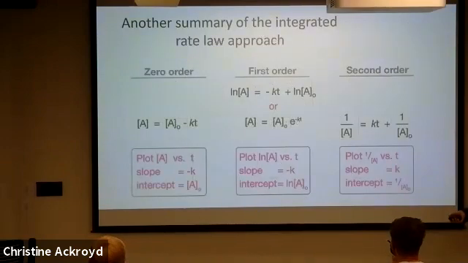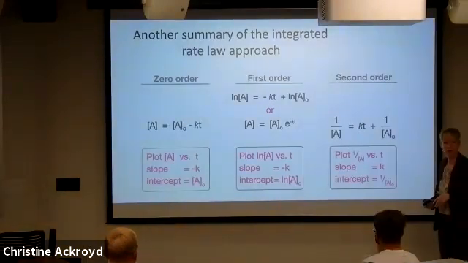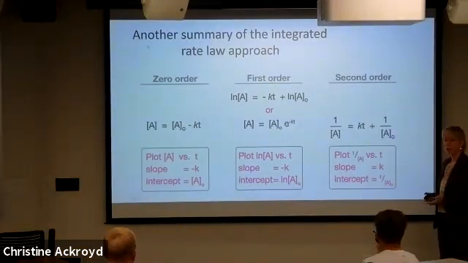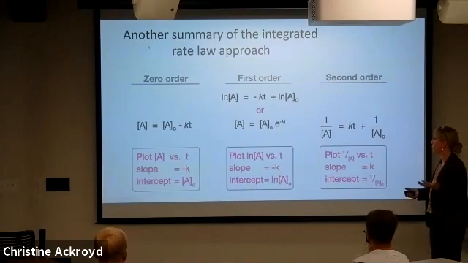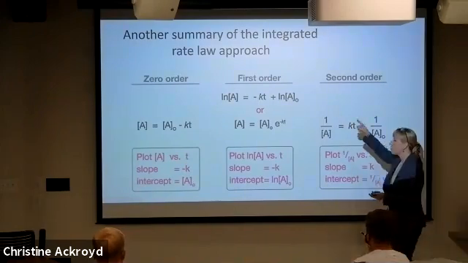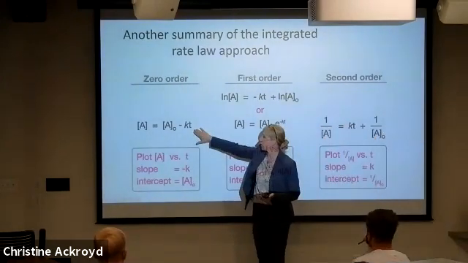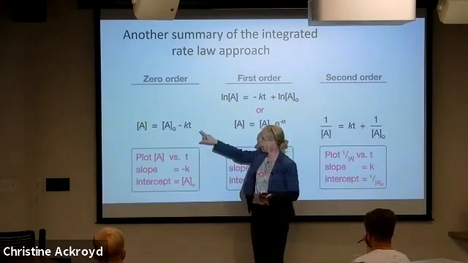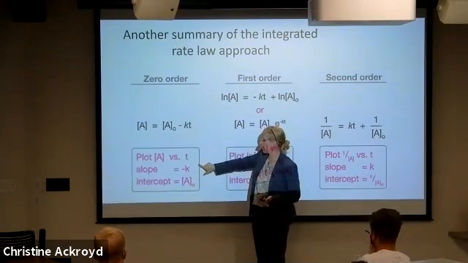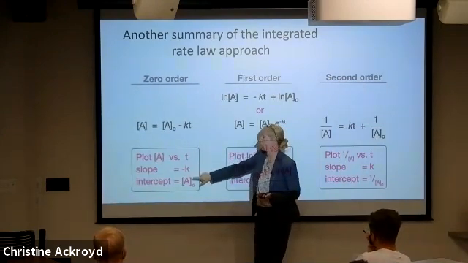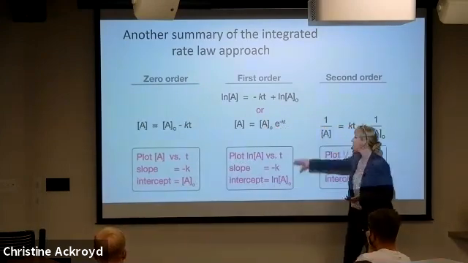Okay, so this plot is a summary of what you do to figure out whether something is 0th order or 1st order. So if it's 0th order, here's your 0th order integrated rate equation, which means you plot concentration versus time, you get a straight line. You can analyze it.